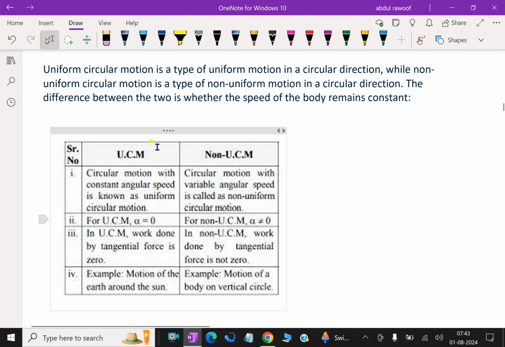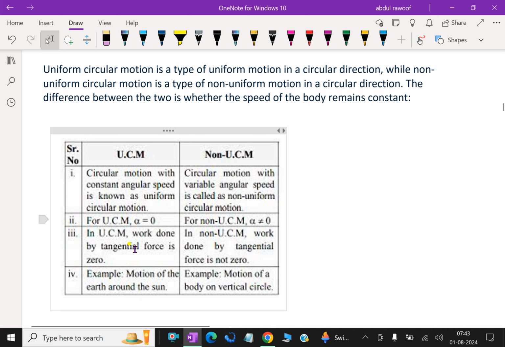Circular motion with constant angular speed is known as UCM, uniform circular motion. Circular motion with variable angular speed is called non-uniform circular motion. The speed is not the same here. For uniform circular motion, angular acceleration is 0, but for non-uniform circular motion, alpha is not equal to 0.